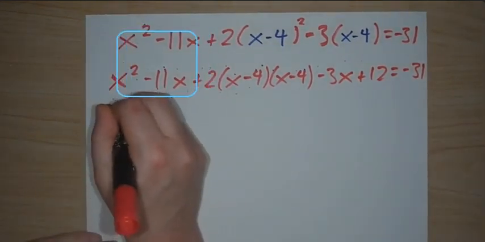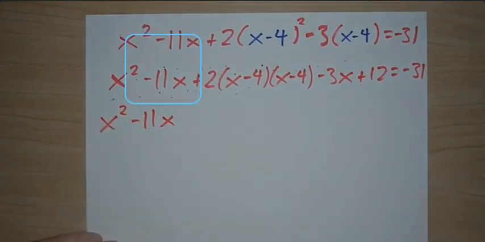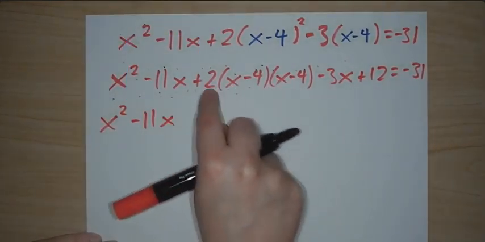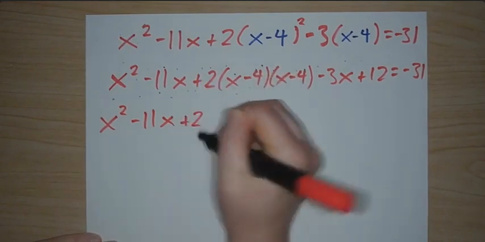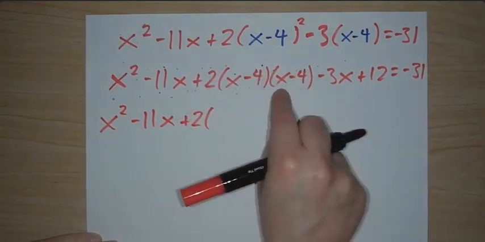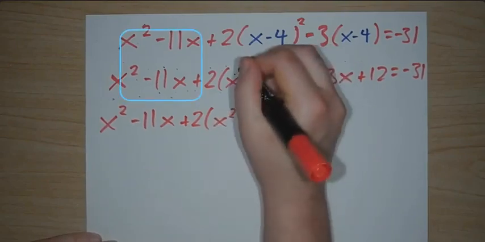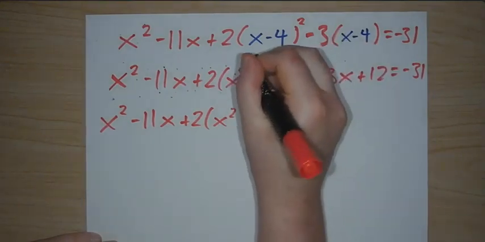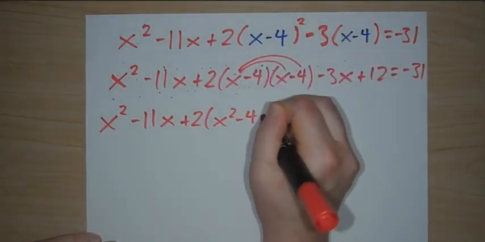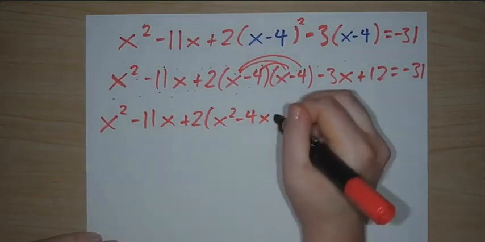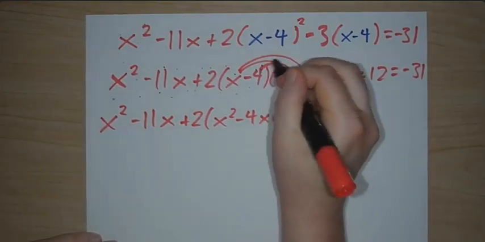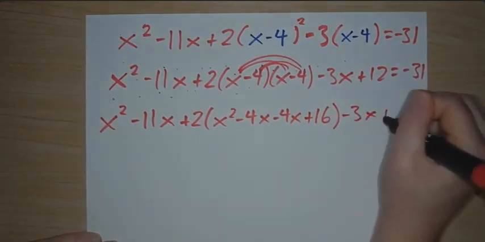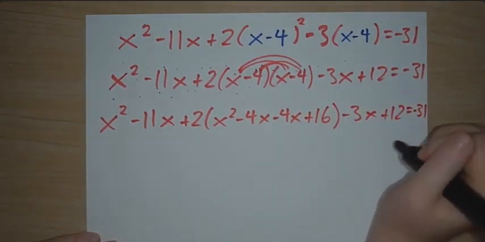We distribute x minus 4 times x minus 4 first, before we multiply the 2. We have x times x, which is x squared, x times negative 4, which is negative 4x, negative 4 times x, which is negative 4x, and negative 4 times negative 4, which is positive 16. Then minus 3x plus 12 equals negative 31.